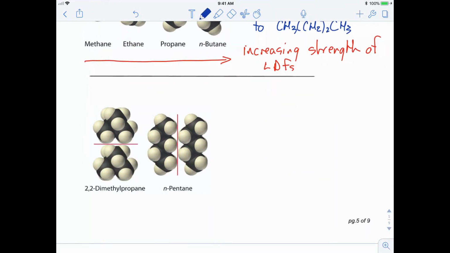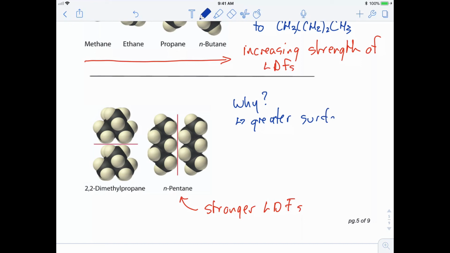Here's another example, 2,2-dimethylpropane, which, if you think about it, is almost like a ball, and then pentane. So a 5-carbon pentane chain, which is more like a stick. And so which one would have the greater boiling point? Well, pentane does, because it has stronger London dispersion forces.